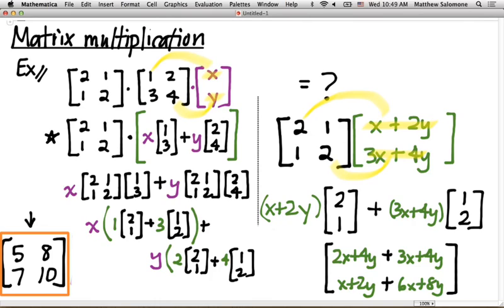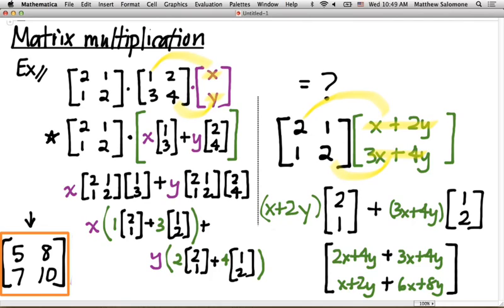And what's different about this way of computing is that now we have all of our x's together in one place, and we have all of our y's together in one place. Like the whole first term here is a coefficient of x, and the whole second term here is a coefficient of y. So what we're really looking at is respectively the first column of the product and the second column of the product.